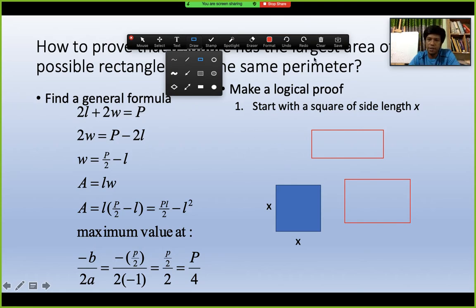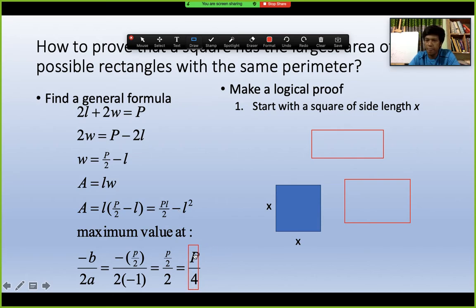That is the question. For the same perimeter, the theory says that if the length and height are the same, then it gives us the highest area. Okay. So the maximum value is at p divided by 4, as you can see here. Perimeter divided by 4.